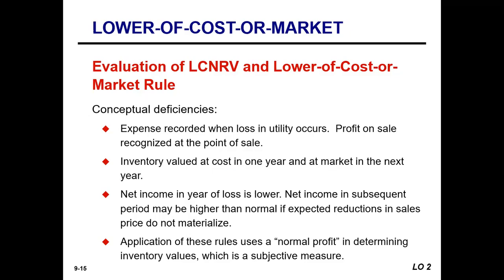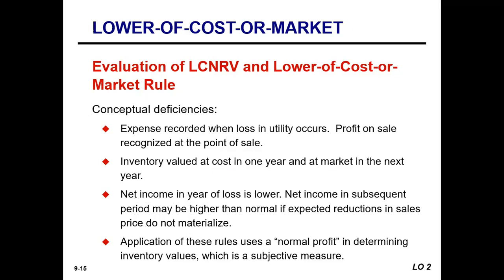So this is inconsistent treatment. Usually with that matching principle, we want to match expenses with the period of revenues, or we want to match revenues with the expenses incurred to generate those revenues, right? So this is inconsistent treatment that way.